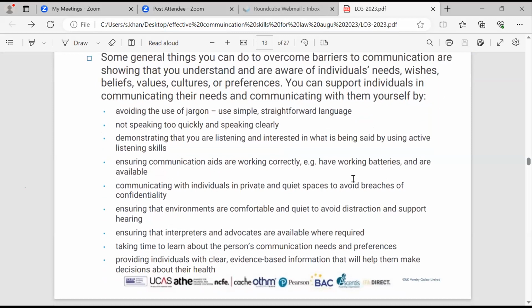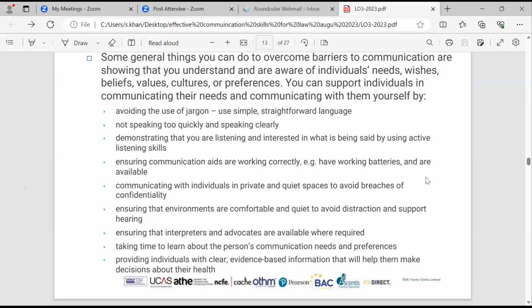Communicating with individuals in private and quiet spaces to avoid breaches of confidentiality, ensuring the environments are comfortable and quiet to avoid distraction and support hearing, ensuring interpreters and advocates are available where needed, and also taking time to learn about the person's communication needs and preferences, and providing individuals with clear evidence-based information to make decisions about their health.